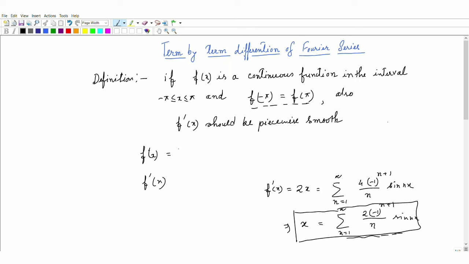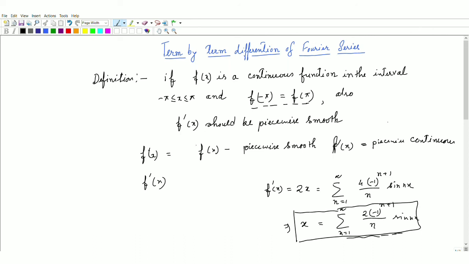When we were talking about the convergence of the Fourier series of f(x), we were talking about the condition that f(x) should be piecewise smooth. F(x) is piecewise smooth means f dash x is piecewise continuous.